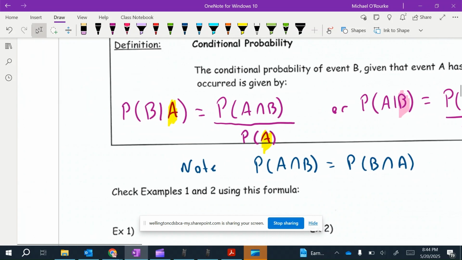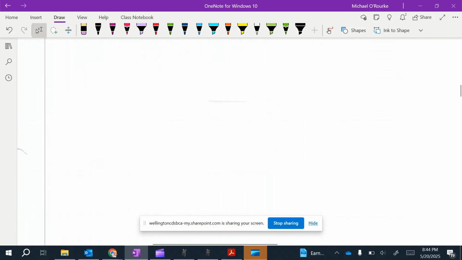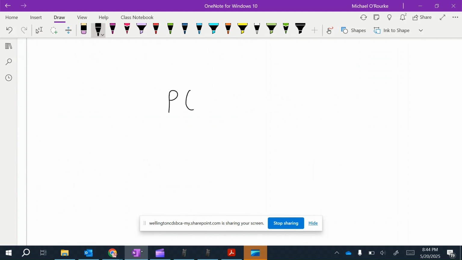So the formula here, I'll write it over here as well. The probability of B happening given A happened. This little line here means given.